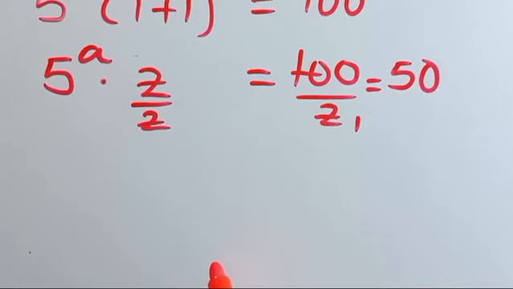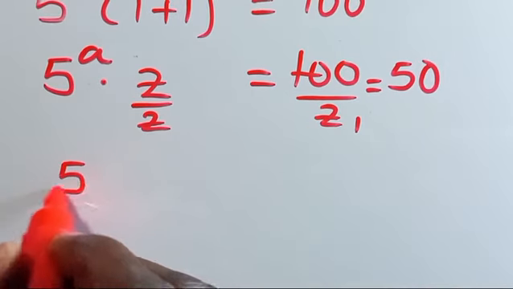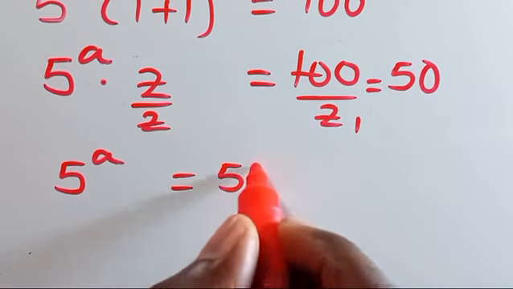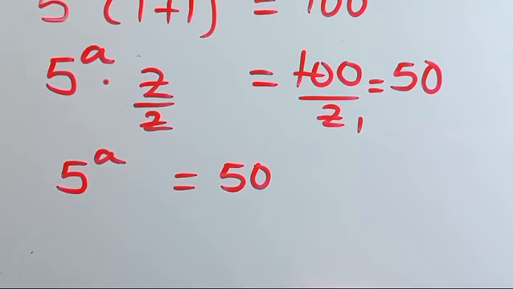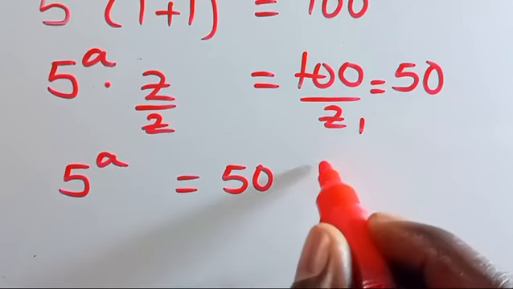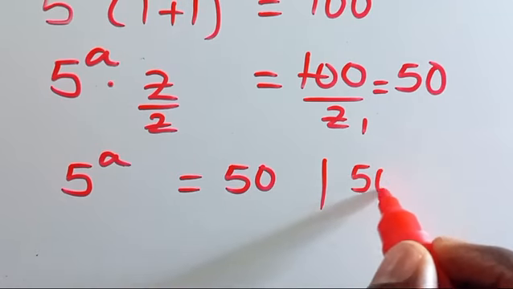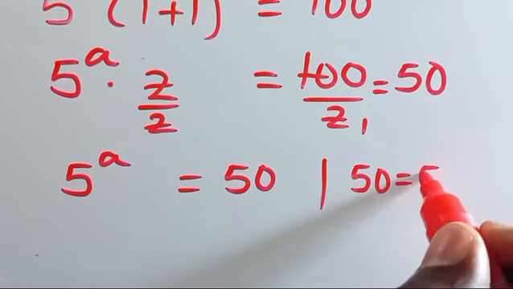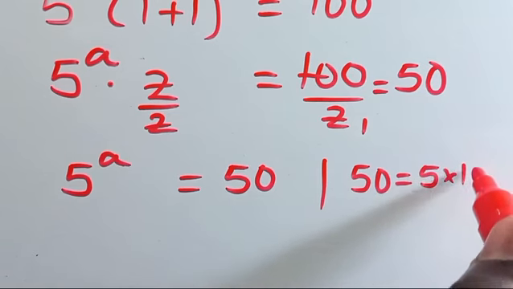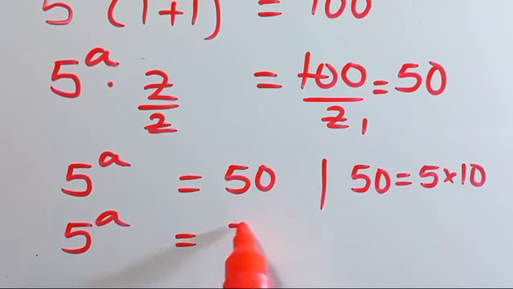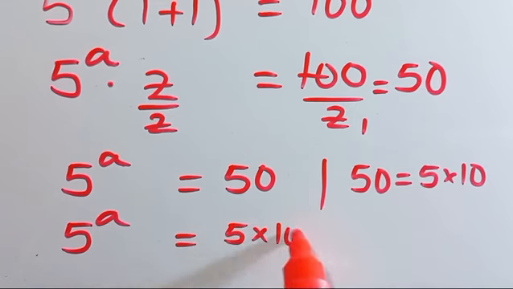Now from here we have 5 to the power of a equals 50. But let us recall that we can have 50 simplified as 5 times 10. So when we have it here, we have 5 to the power of a equals 5 times 10.